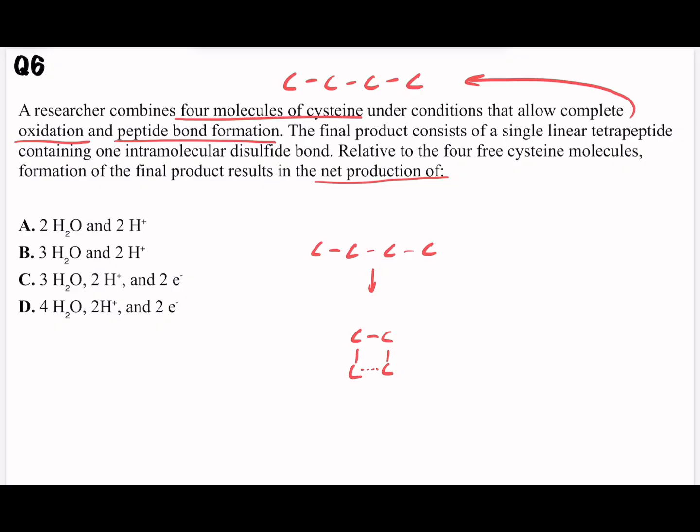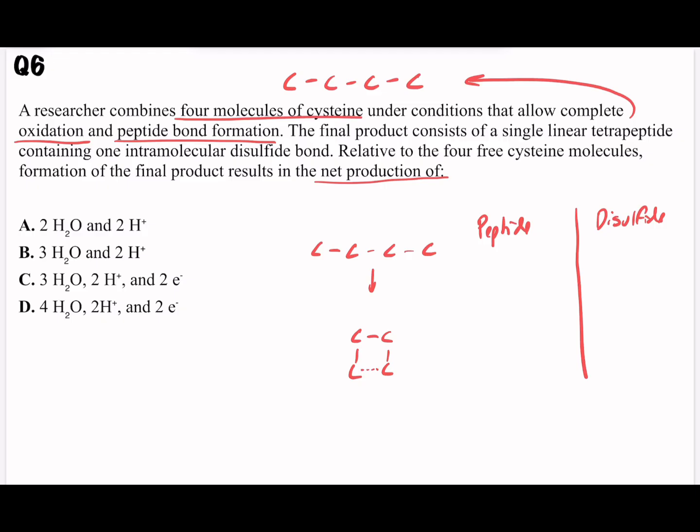We know that a peptide bond is being formed up here, and we know that oxidation is occurring, which means that a disulfide bond is being formed, because oxidation and disulfide bond formation go hand in hand. So let's tackle this problem one aspect at a time. We have peptide bond formation and disulfide bond formation.